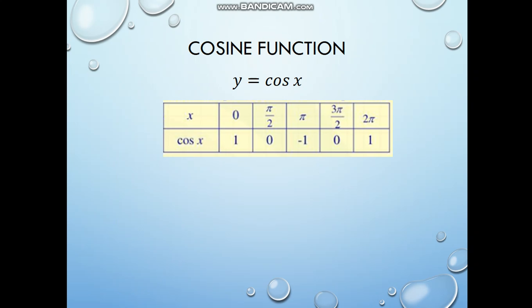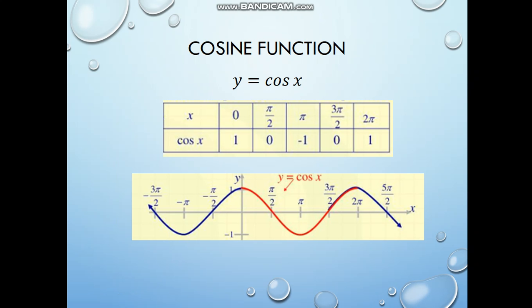So we use x equals 0, pi over 2, pi, 3 pi over 2, and 2 pi, and by doing so, we get the y values of 1, 0, and -1. We also plot the points on the graph where the x-axis represents the angle and the y-axis represents the cosine value, and we get the graph of cosine.